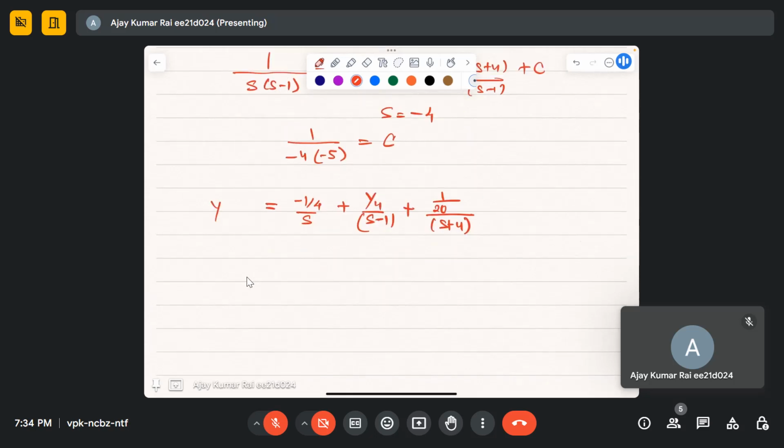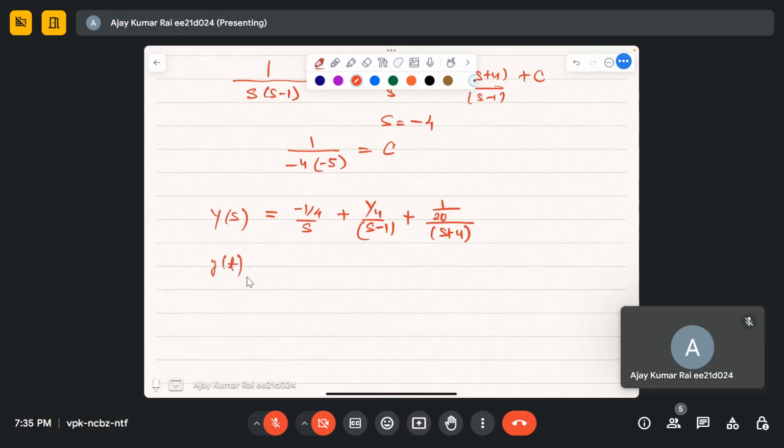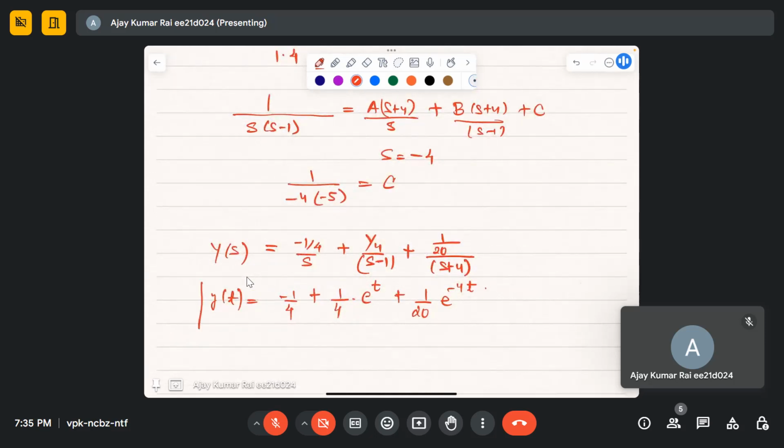Okay, so this is Y of s. If you try to find the inverse of this, you'll get minus 1 by 4, plus 1 by 4 into e to the t, plus 1 by 20 e to the minus 4t, right? So this is the final solution that you're getting for the transfer function, right?